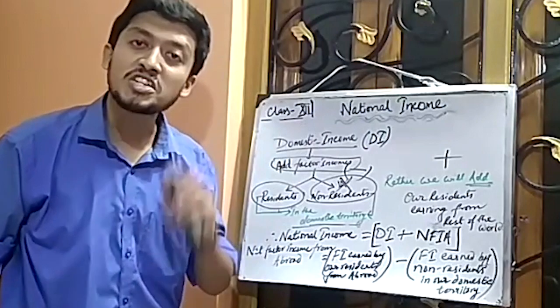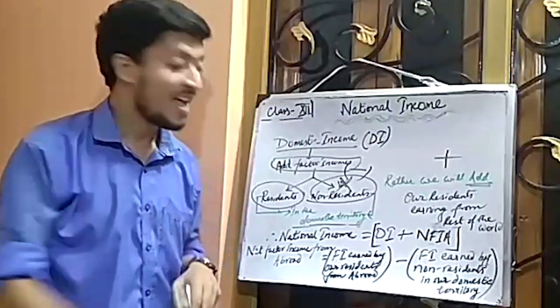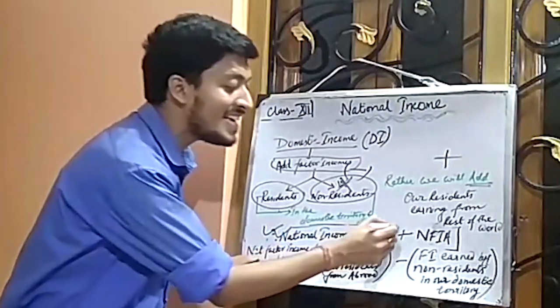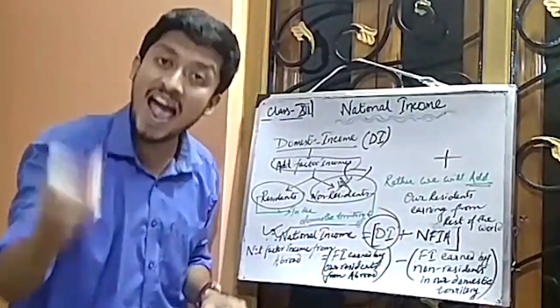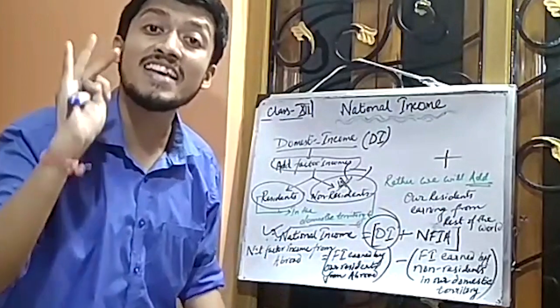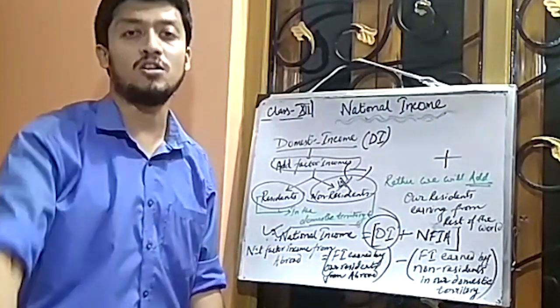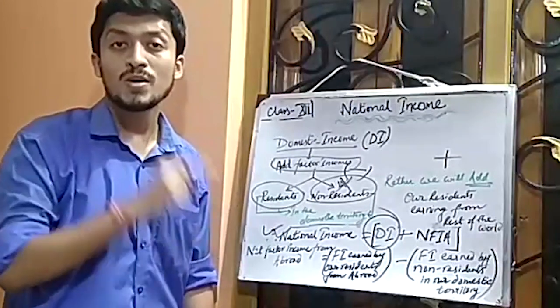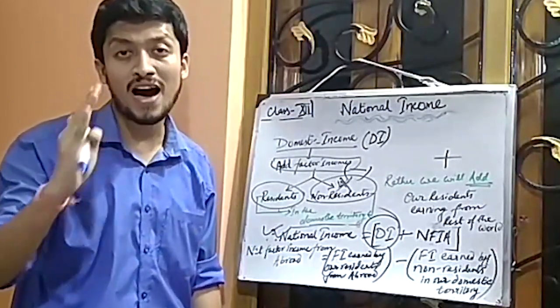Therefore, national income has a formula. National income of a particular country is the addition of domestic income and the net factor income earned from abroad, also known as NFIA.